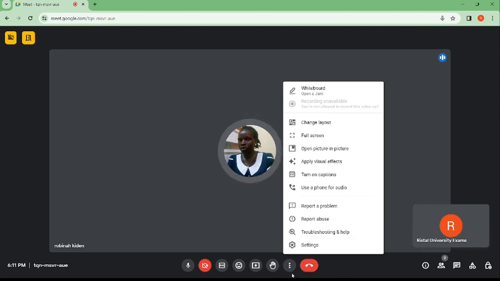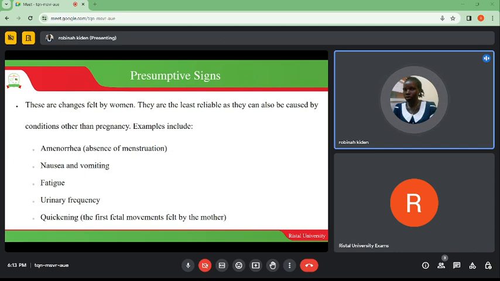For instance, abdominal enlargement, usually noticeable around the 14th week. Then ballottement, where the fetus is pushed to one side and it touches the other side of the hand. Let me go back to where I resumed from.